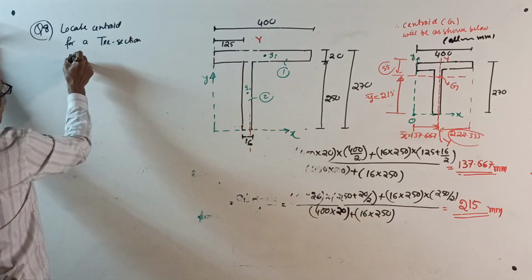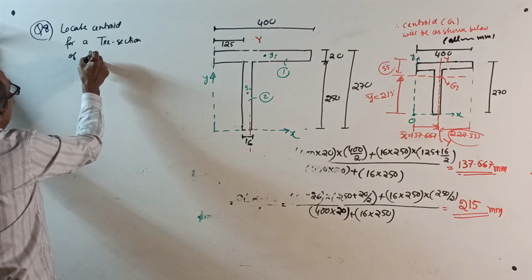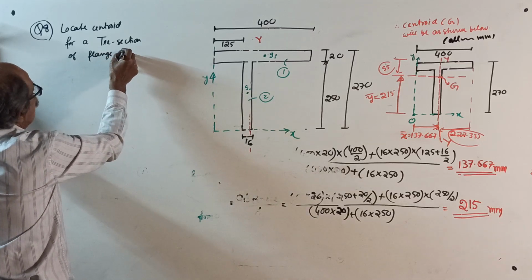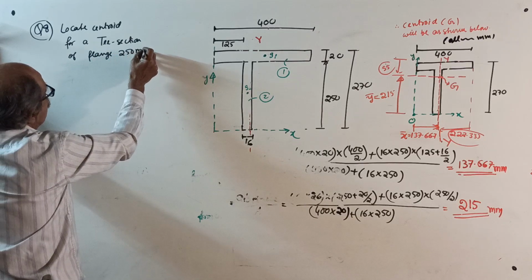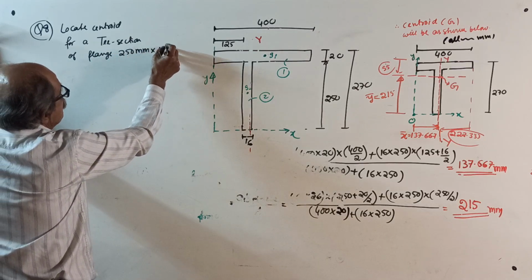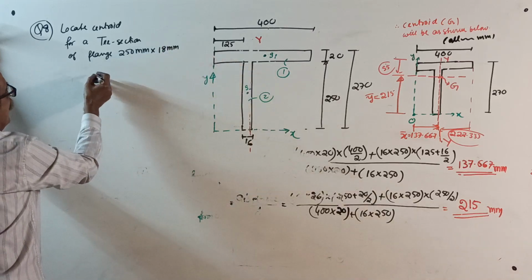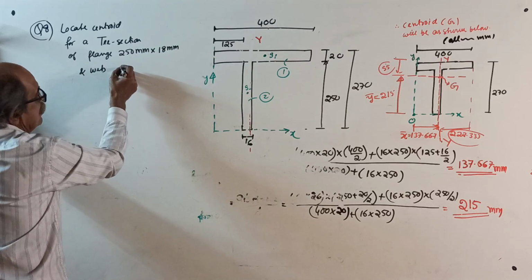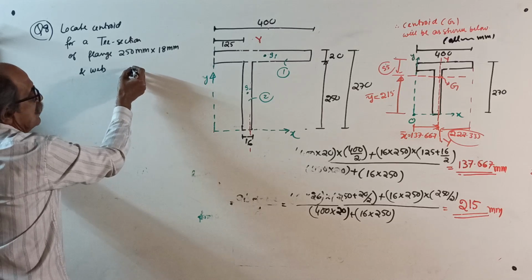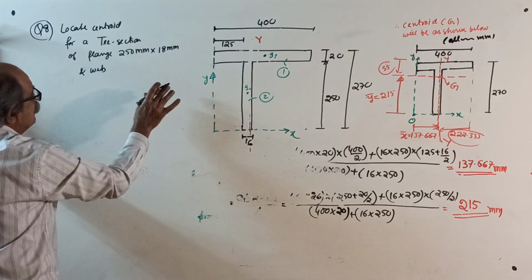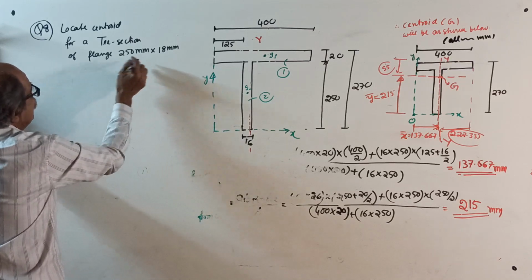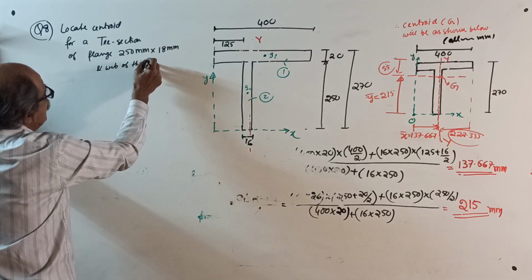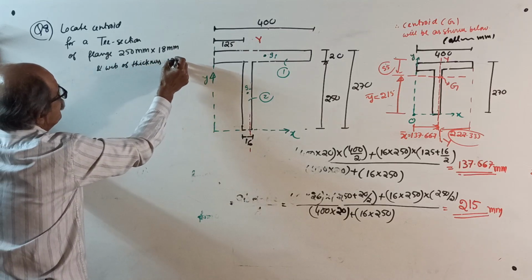T section of flange 250 mm by 18 mm, and web of thickness, you can put width first, and web of thickness is important, thickness 12 mm.